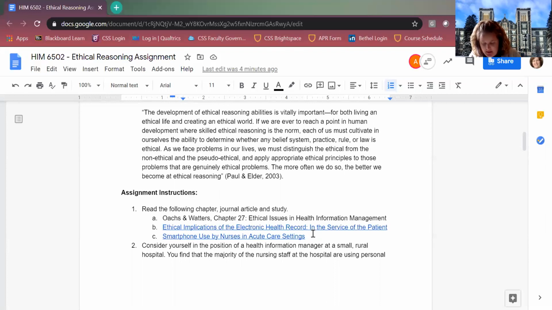This 7th edition, the book is not as user friendly. Oh, here we go. Chapter in an edited book without a DOI is probably what you would use. Go to page 326 in the 7th edition of the APA manual, and you'll see guidance on how to cite the Oaks and Waters book appropriately, okay? That's really important. You're going to be using this throughout the course, so definitely take this opportunity in these first couple of assignments to work on that and to get that right.